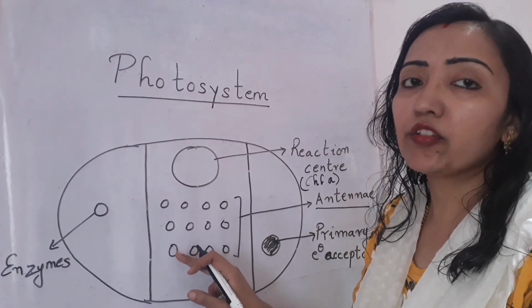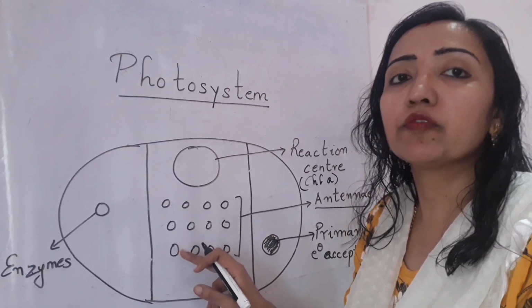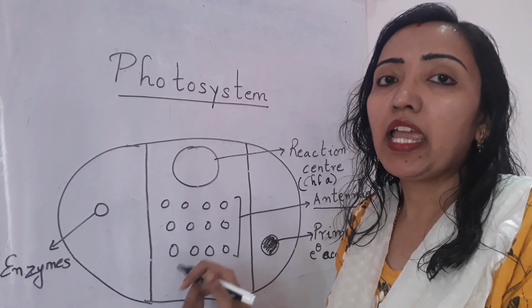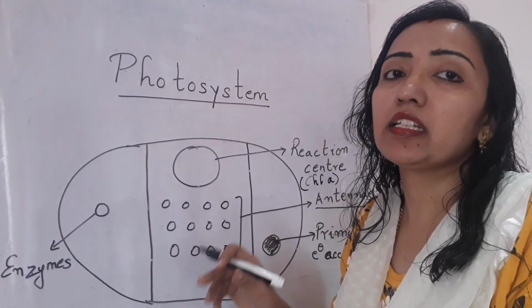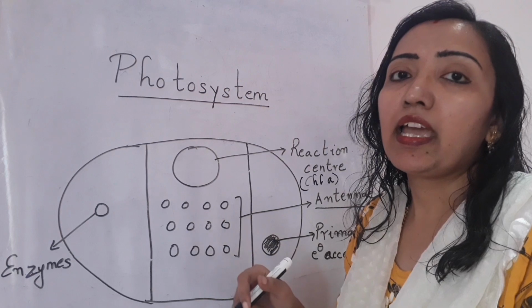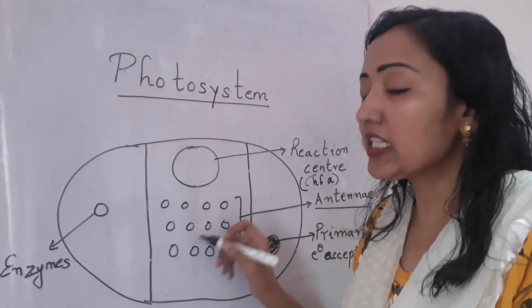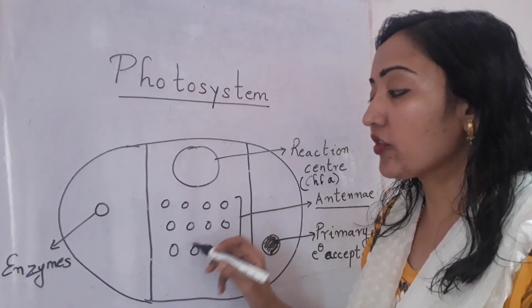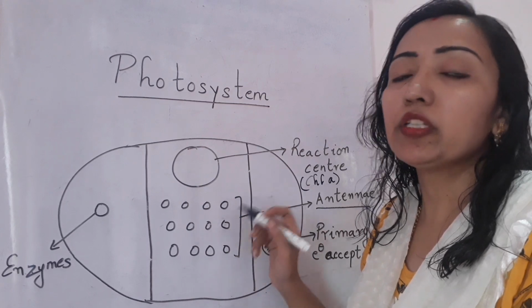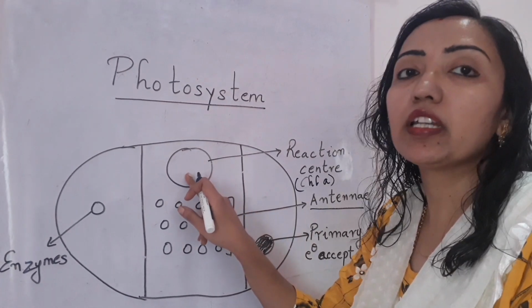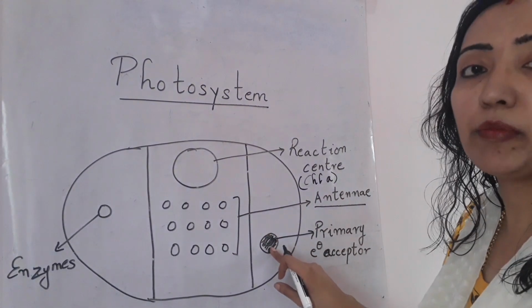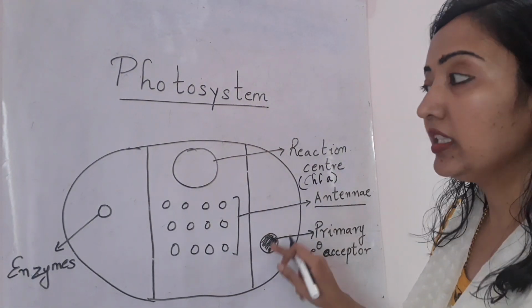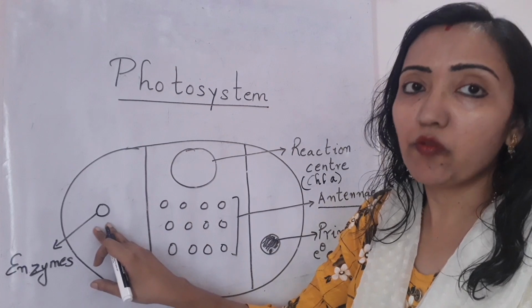The electron will pass from a pigment which absorbs light energy at lower wavelength to a pigment which absorbs at higher wavelength, and the energy will decrease when the electron passes from one pigment to another. Finally, it is given to the reaction center. From the reaction center, the electron is given to the primary electron acceptor, and enzymes are also present in the photosystem.